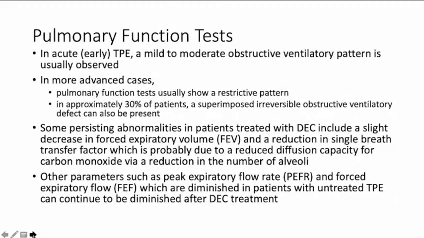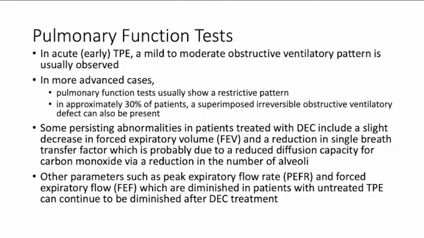In terms of your pulmonary function test, in early TPE, a mild to moderate obstructive ventilatory pattern is commonly seen. However, in more advanced cases, your pulmonary function tests usually show a restrictive pattern because of the fibrosis. There is restriction of lung expansion. In approximately 30% of the patients, you might have a superimposed irreversible obstructive ventilatory defect.